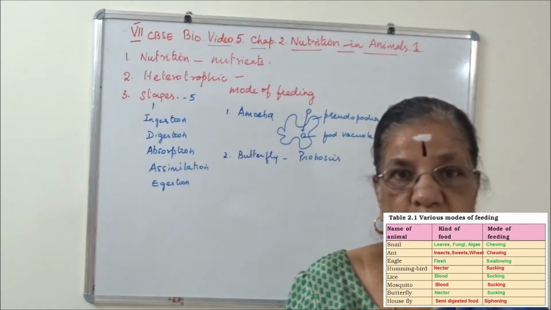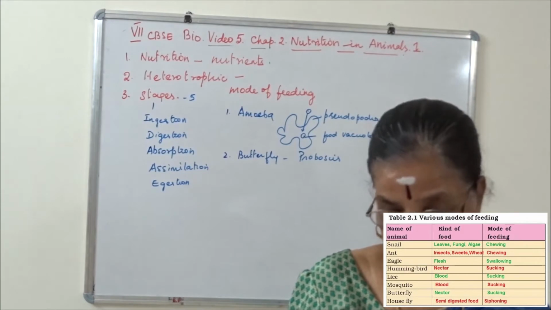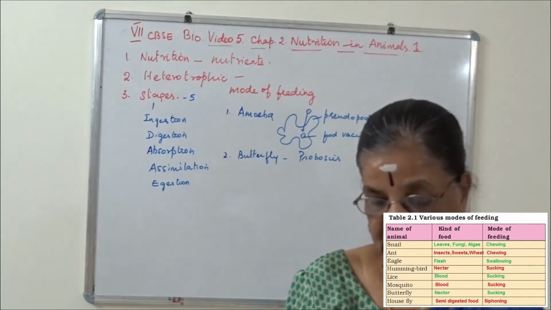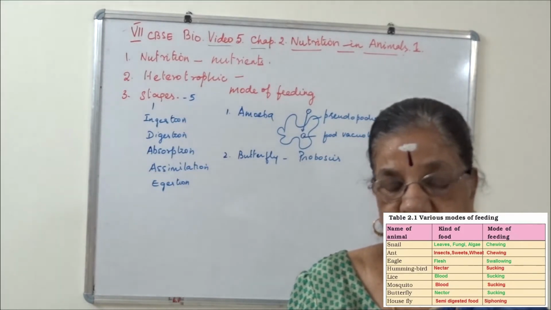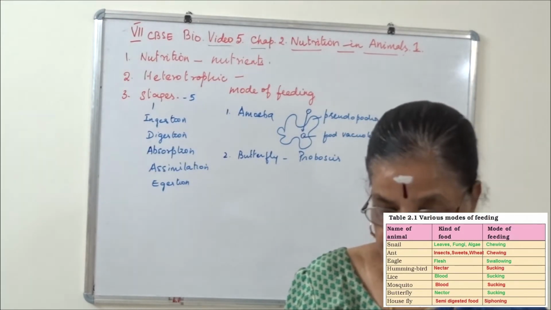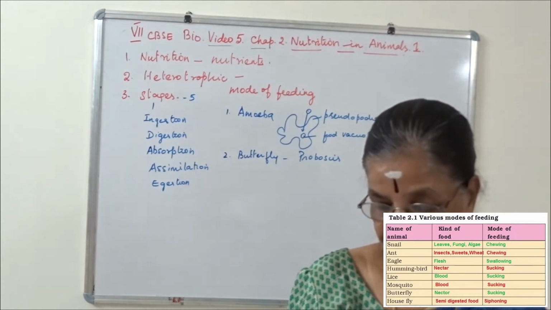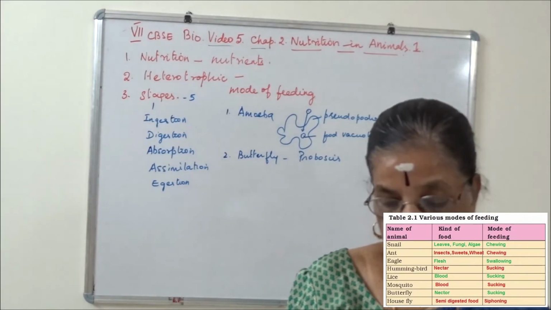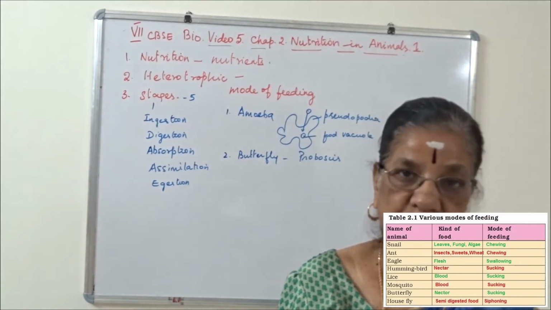And some aquatic animals filter tiny food particles floating nearby and feed upon them. I hope you understand this. So these are different ways of taking food.